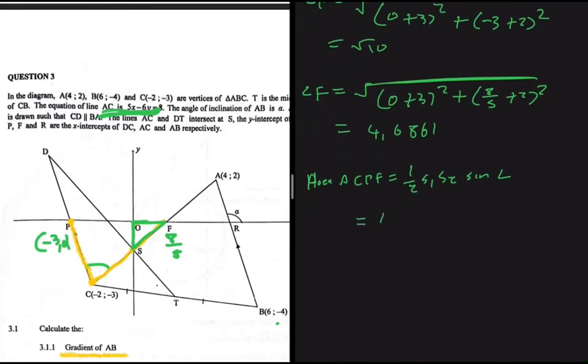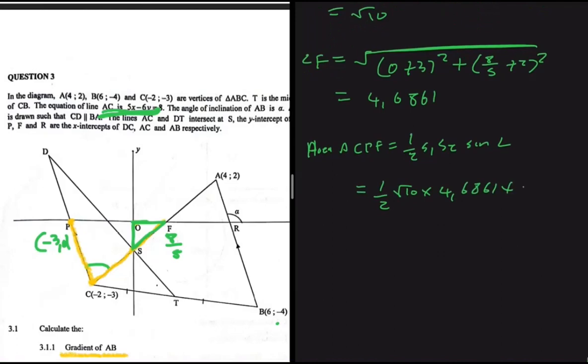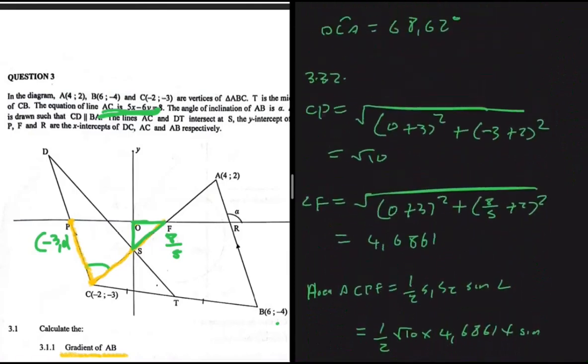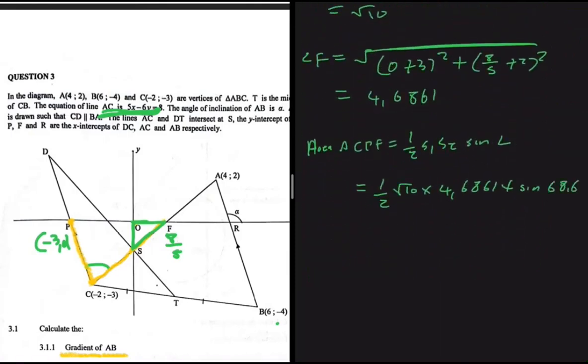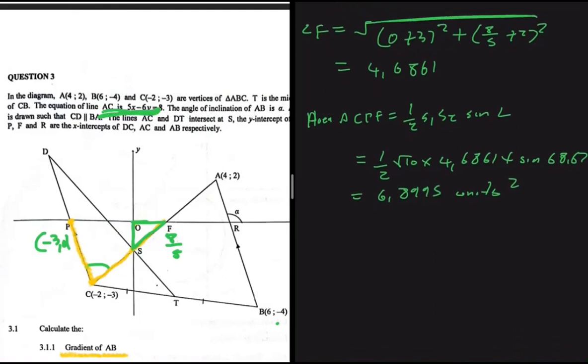So the area of CPF will be square root of 10 multiplied by 4.6861 multiplied by the sine of that angle, 68.62 degrees, and that should be equal to 6.8995 units squared. Now we can calculate the area of the other triangle and subtract it from triangle PFC to find the area of POSC.